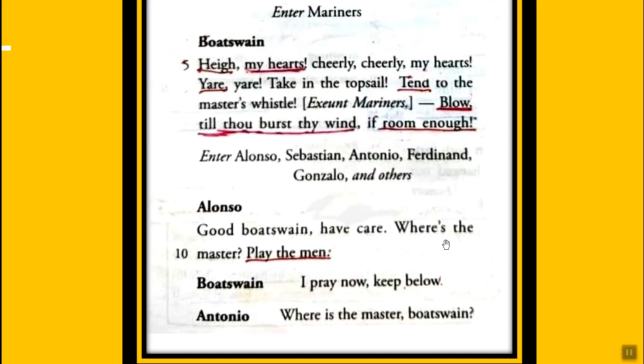Once bosun replies to Alonso, Antonio says, where is the master, bosun? So they are still asking about the master.